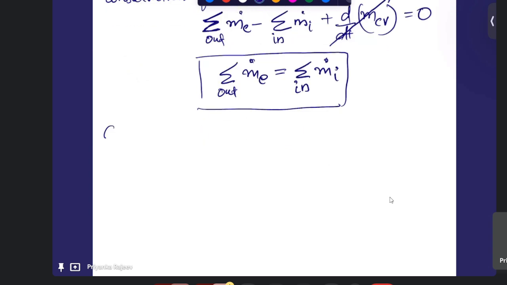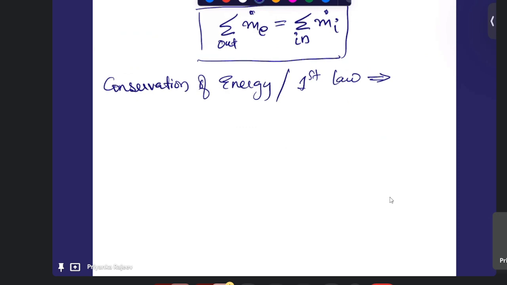Now, conservation of energy, or the first law, says what?